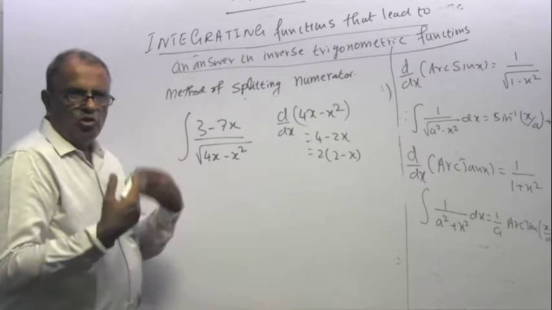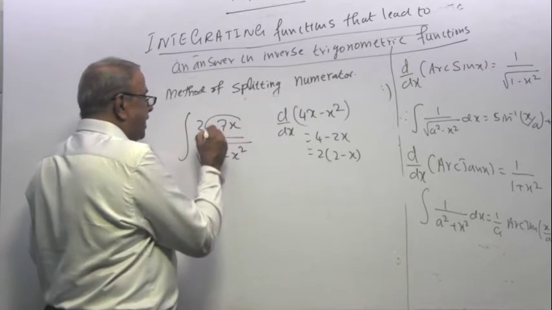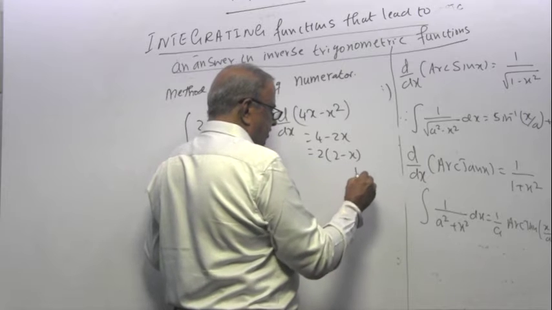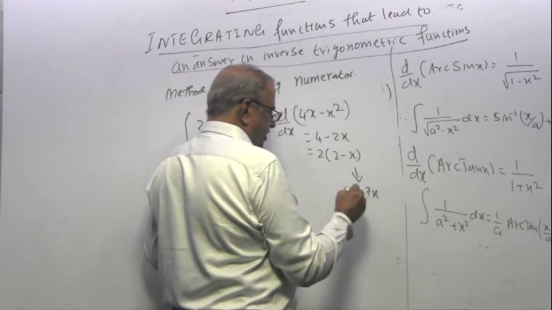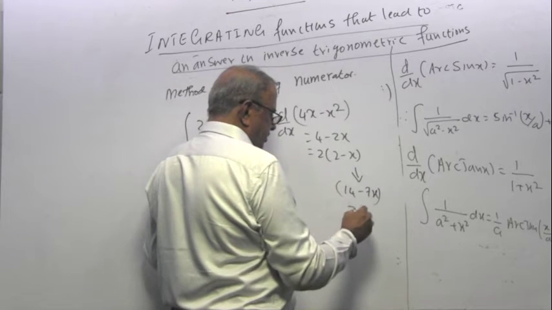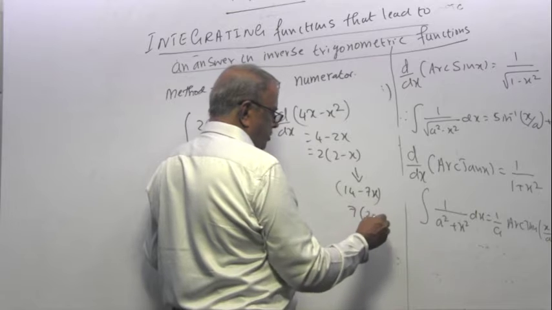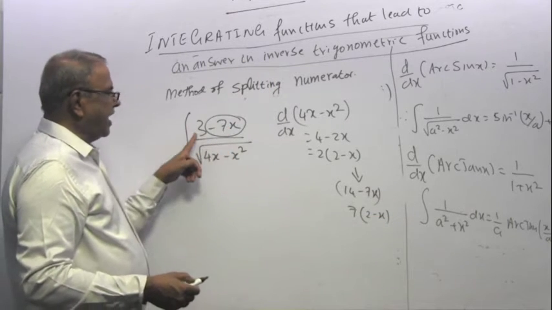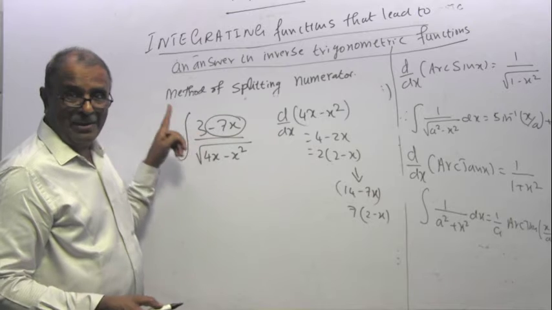I need 2 minus x, but I have a minus 7x, right? So if minus x becomes minus 7x, that should become 14, which is 7 times 2 minus x, right? So I have minus 7x, I need a 14, I have a 3.